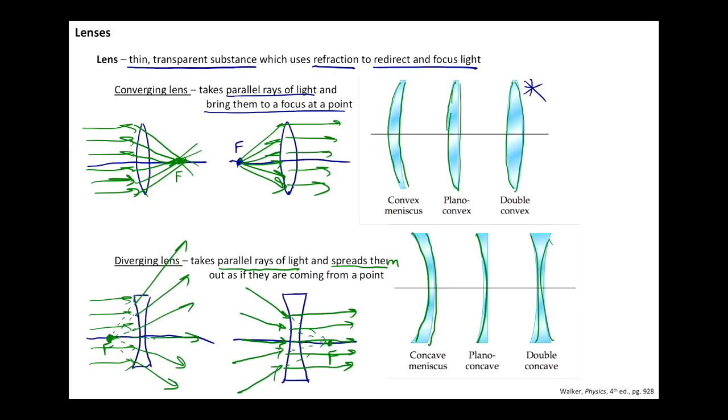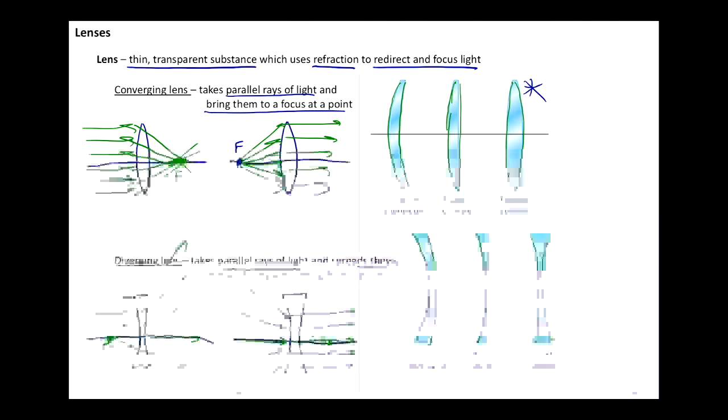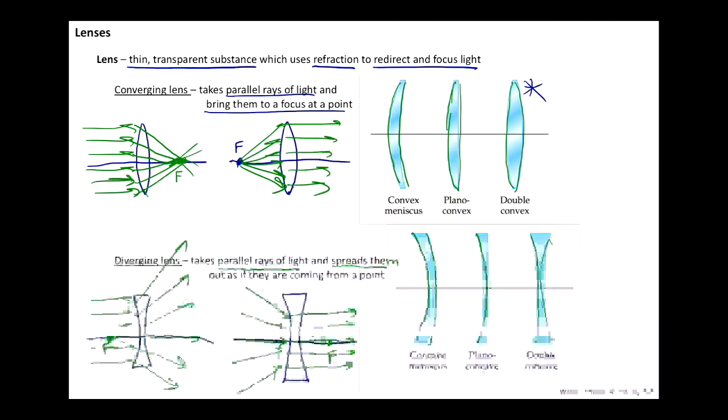What if it's diverging already? Same idea. More spreading, and it could be so extreme that the lens kind of kills the beam altogether. Yeah. It sure looks like it, yes. So you could have one lens that works both ways, depending on which side you shoot the light into.